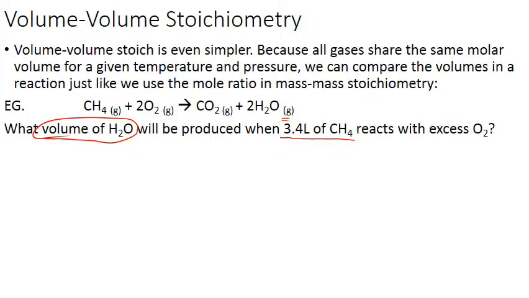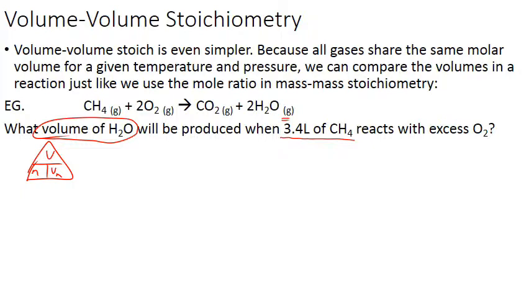So normally we could go backwards and turn this 3.4 litres of CH4 into an amount using our new triangle here. We can go all the way back through. That 3.4 litres of CH4 will correspond to a particular amount at SLC, for example.